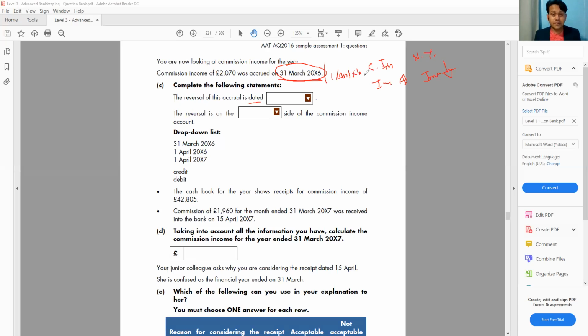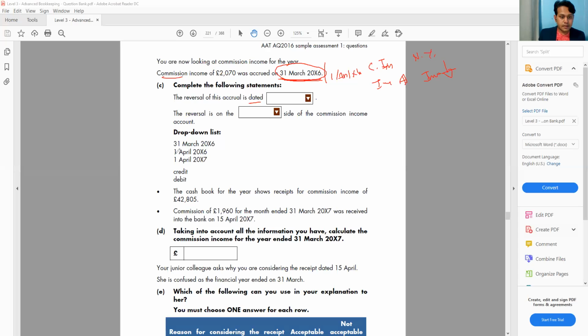So up to 31st of March, this is your accrued income, but for the next year it is not. Next year you're going to receive that money, so it will not be accrued anymore. So obviously, this commission income, even though it was accrued up to 31st of March, you have to reverse it the very next day. As soon as the year ends, the very next day you have to reverse it.